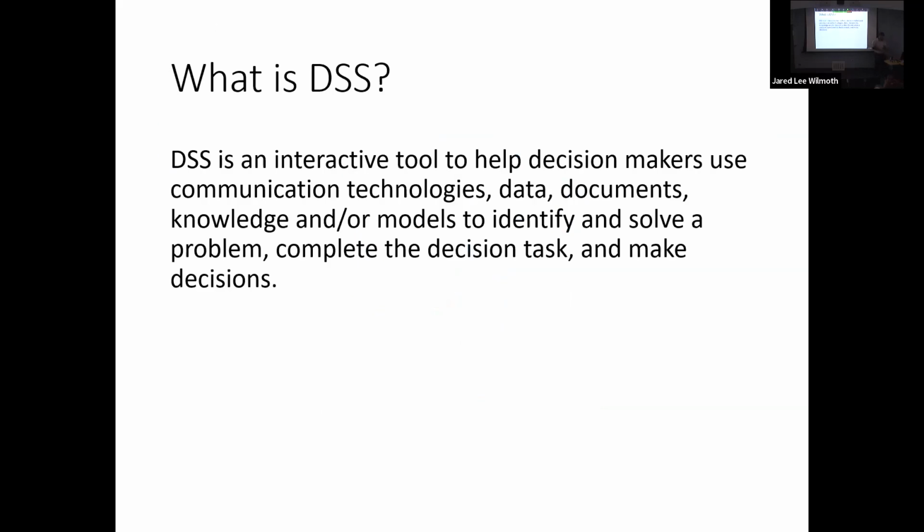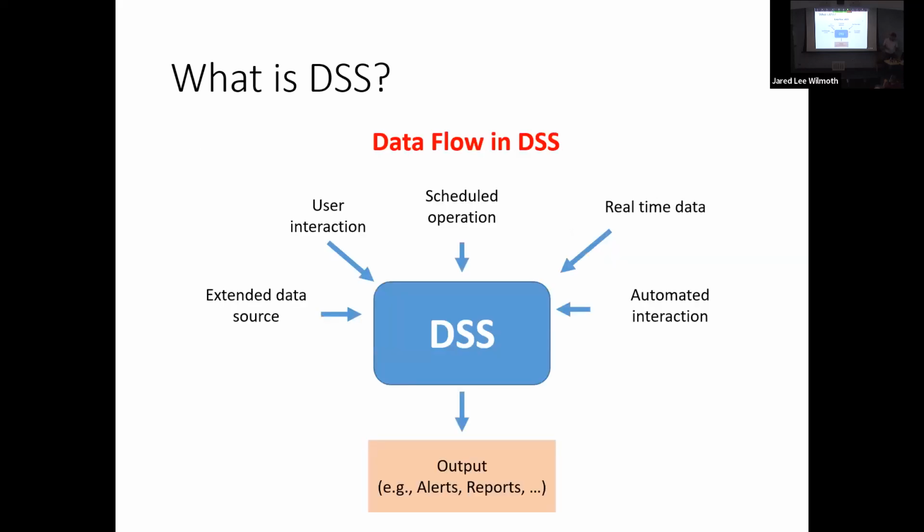So what is a DSS, or Decision Support System? It's an interactive tool that decision makers can use in order to analyze data, documents, knowledge, and models, in order to solve a problem or to make a decision. That's, in simple terms, what a decision support system is. There are different data flows in a decision support system.